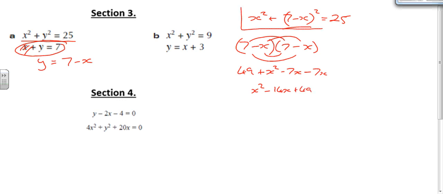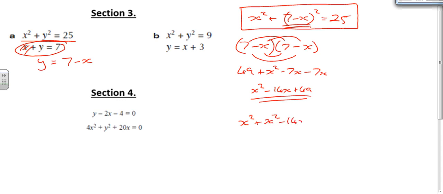And then we go back to this thing here, and we write out x squared. Then instead of plus (7 minus x) squared, I know that that is this. So plus x squared minus 14x plus 49 equals 25. And now once we've done that, we try and simplify it.